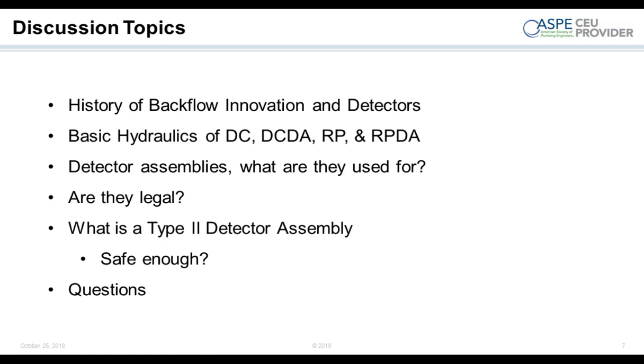Those are the type 1s. Look at the detector assemblies. What are they used for? Are they legal? And type 2, same questions. What are the hydraulics? What are they used for? Are they legal? Are they safe? And then we'll get into questions, which you guys can submit as we go along. I might answer them while we do it, or if we're getting a lot of questions, we'll probably wait till the end.